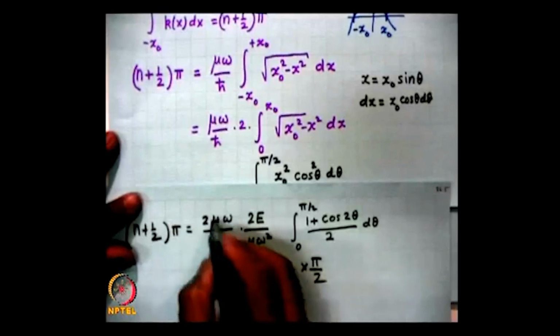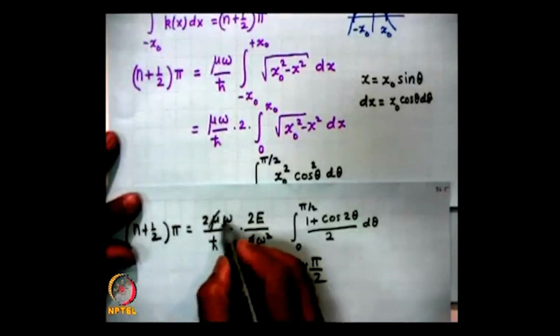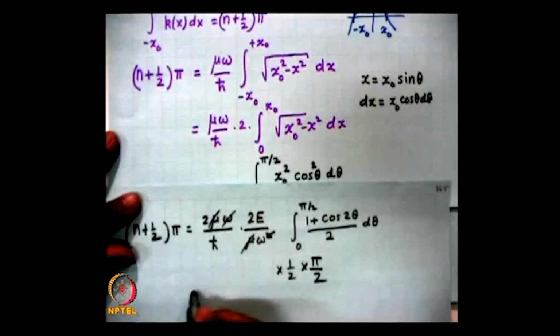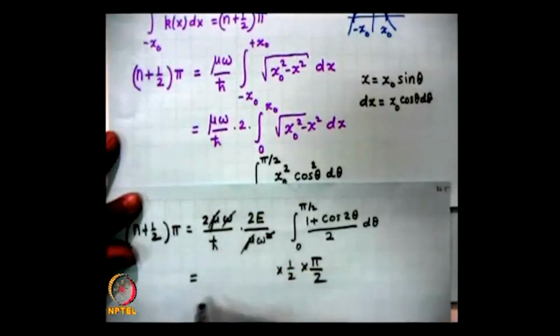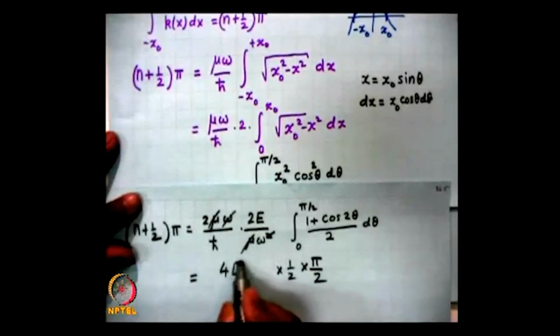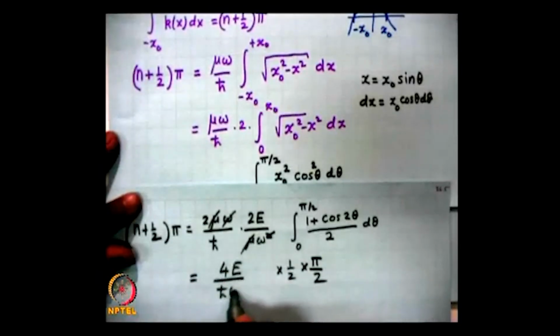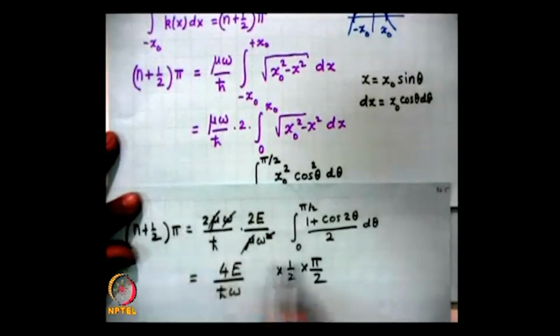So, mu cancels out, omega cancels out. So, this will be 4E by h cross omega. This 4 cancels out with this, pi cancels out with this.